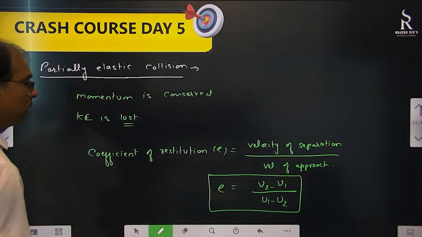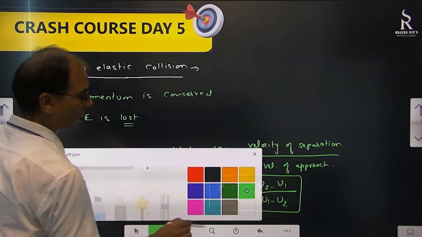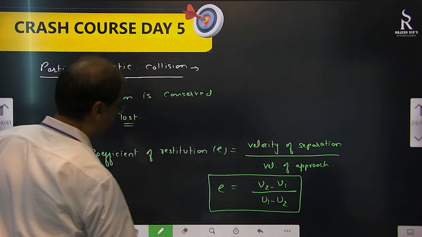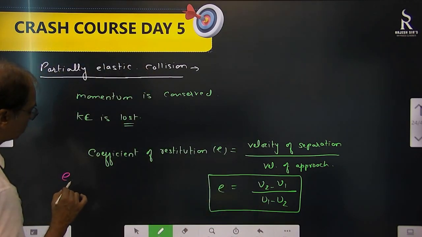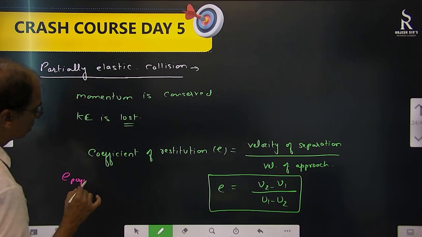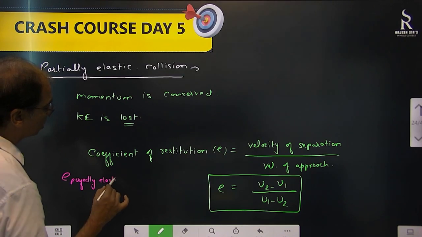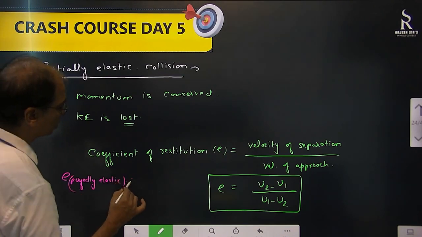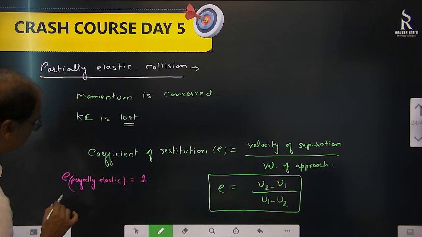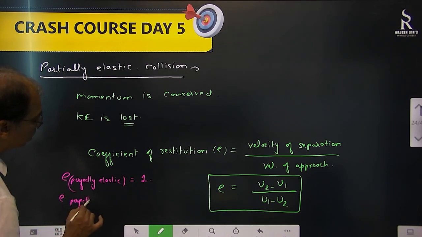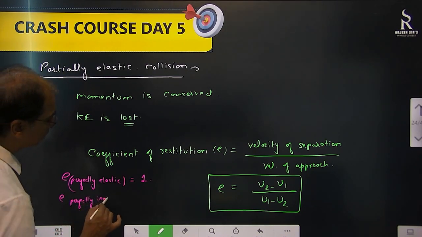And this e for perfectly elastic collision is 1. Perfectly inelastic, 0, because they don't separate. In inelastic collision, what happens?